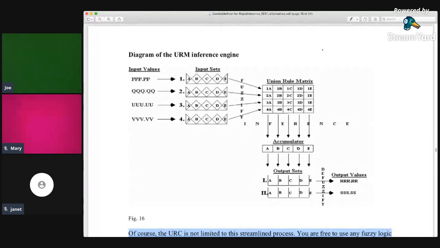As far as I know, there's no open source union rule inference engine. Everybody kind of keeps that closely held, but as I said before, I wrote one or two fairly simple ones, and that would be another way that you could start looking at how these things compare.